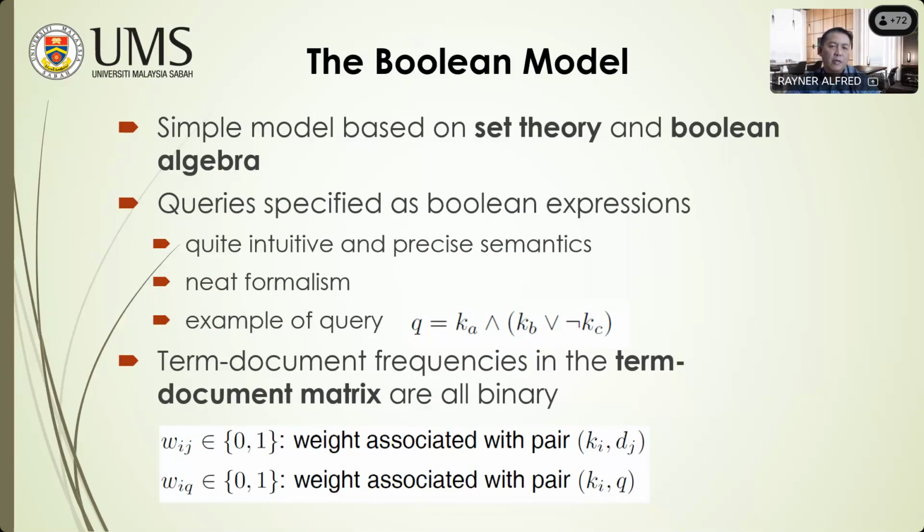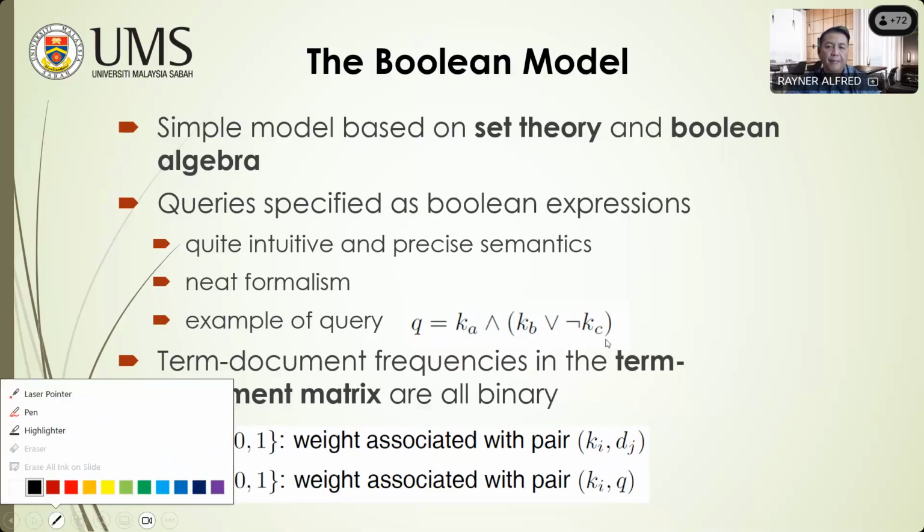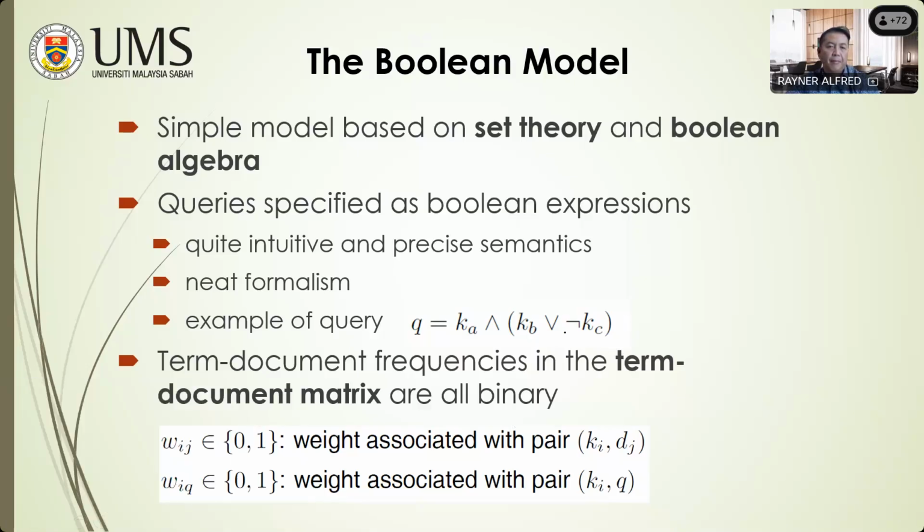Okay, so for example, if we have query like this, so basically we are looking for keyword A and keyword B, or not keyword C. Okay, so in the Boolean model, we use 0 and 1 only. So 0 if not exists, 1 if they exist.